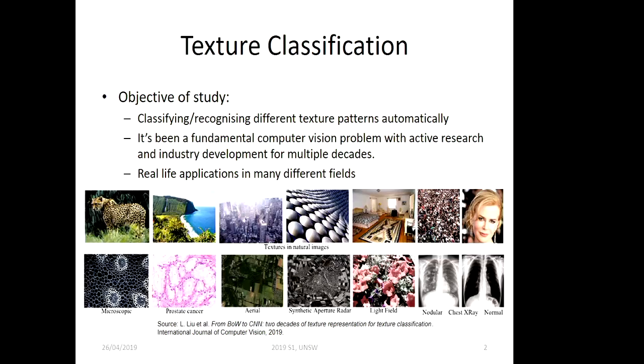By texture classification, in short, the objective is to classify or recognize different texture patterns automatically. For example, these images all show different textures. Texture has a mixed definition; it's never very standard what texture really is.